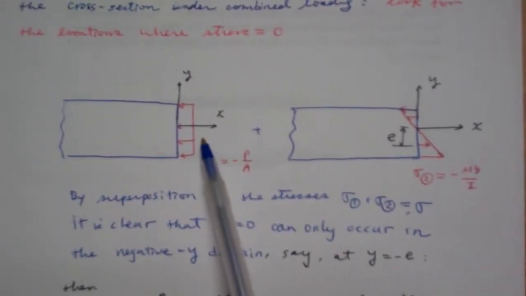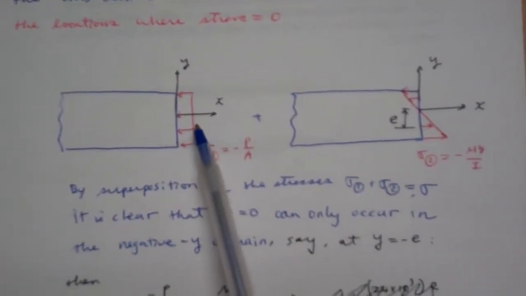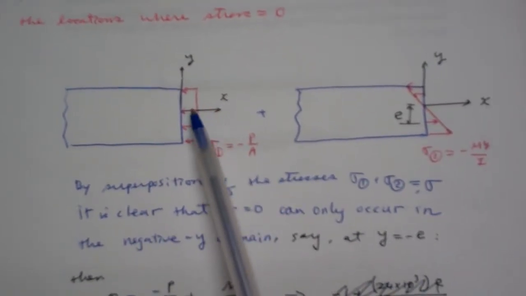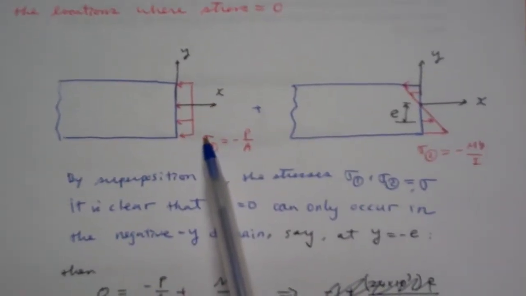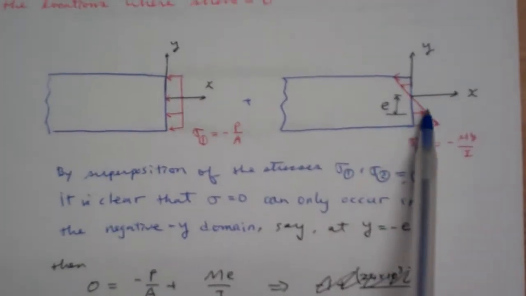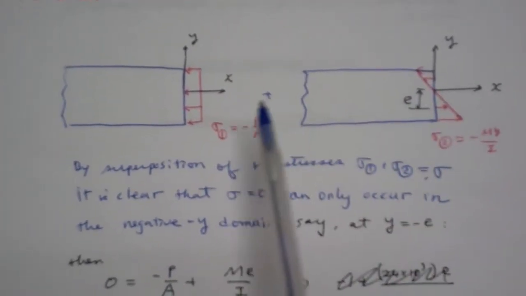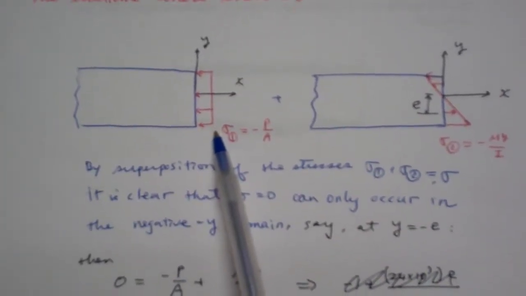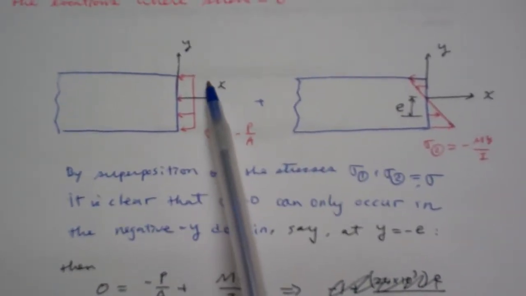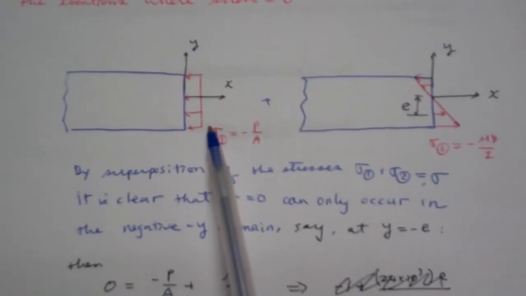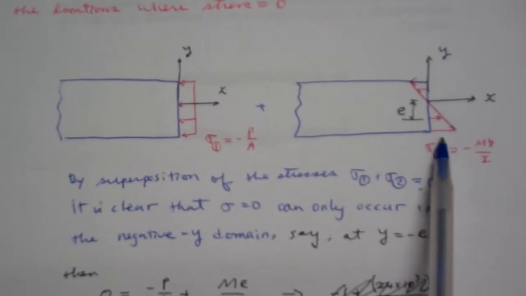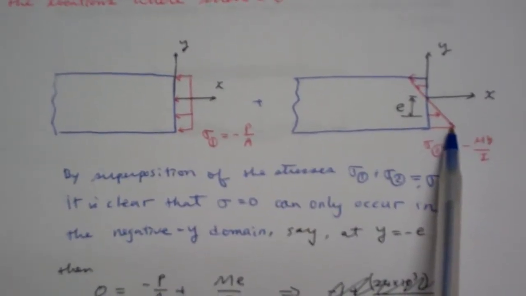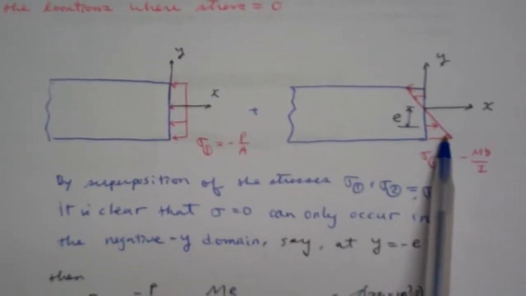The original problem can be decomposed into the combination of axial loading and pure bending. Here I show the distribution of the stresses due to axial loading, from chapter 2, and this is the distribution of the bending stress due to pure bending.